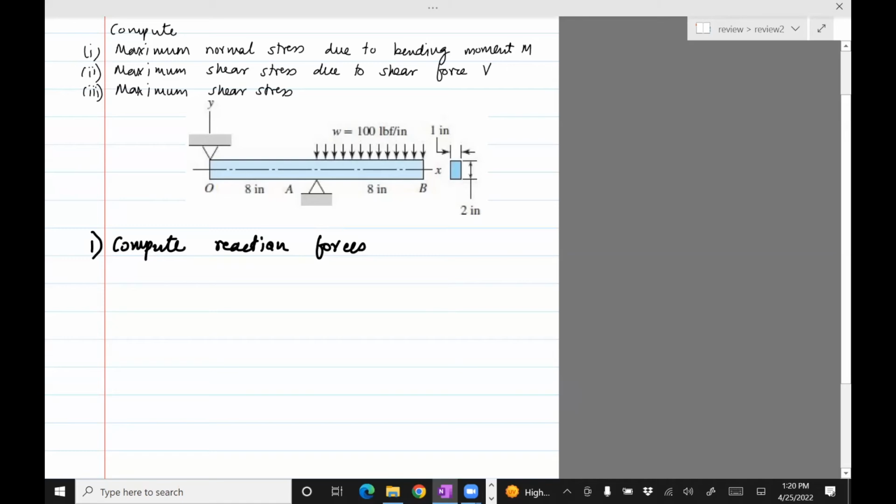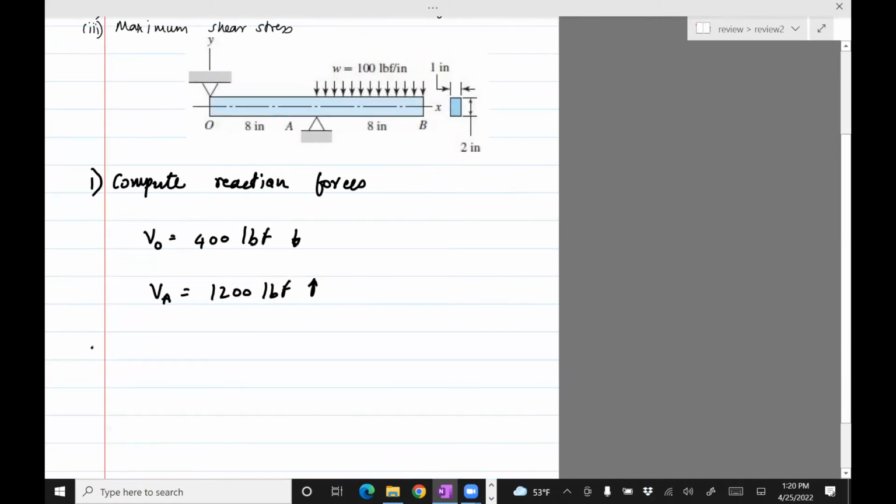I don't want to solve it here. So the reaction force at O is 400 lbf, and it's acting downwards. The reaction force at A is 1200 lbf. It's acting upwards. So try to check your answers with this.